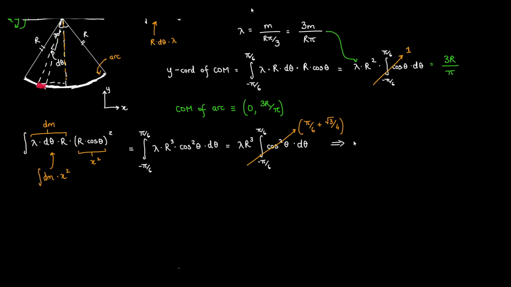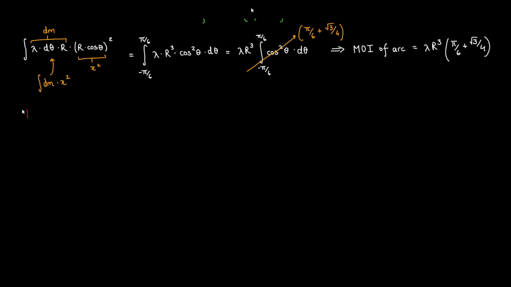So the moment of inertia of the arc will be equal to, we'll just write it as lambda into r cube into pi by 6 plus root 3 by 4.